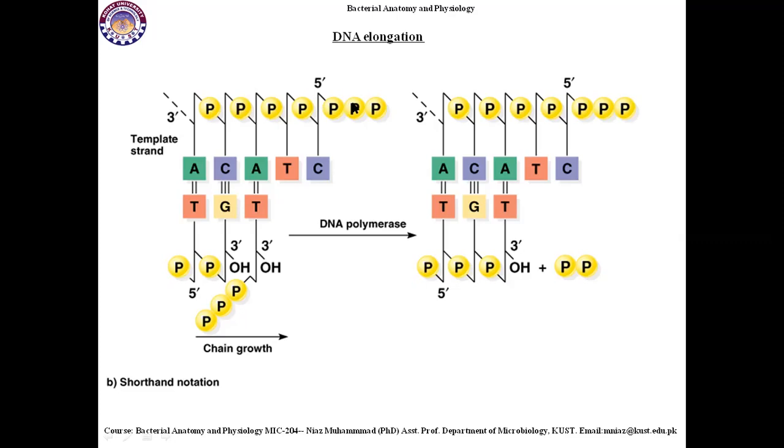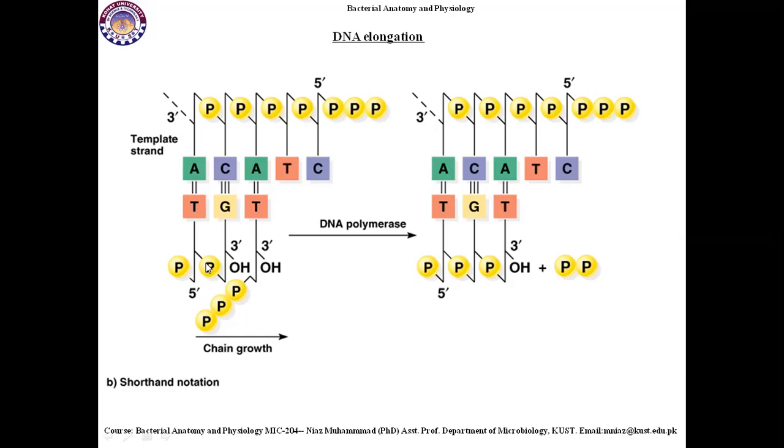This is a phosphodiester bond. This is the phosphodiester bond in the parent DNA. This is the template, and these are nucleotide bases present on the parent DNA. In daughter DNA, if adenine is there, thymine will bind.